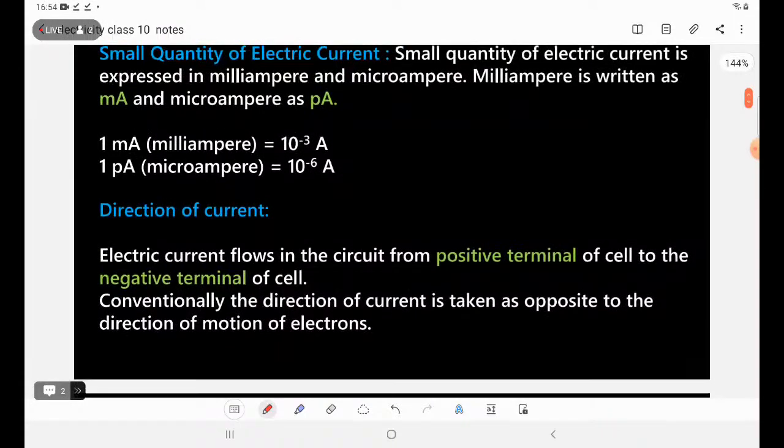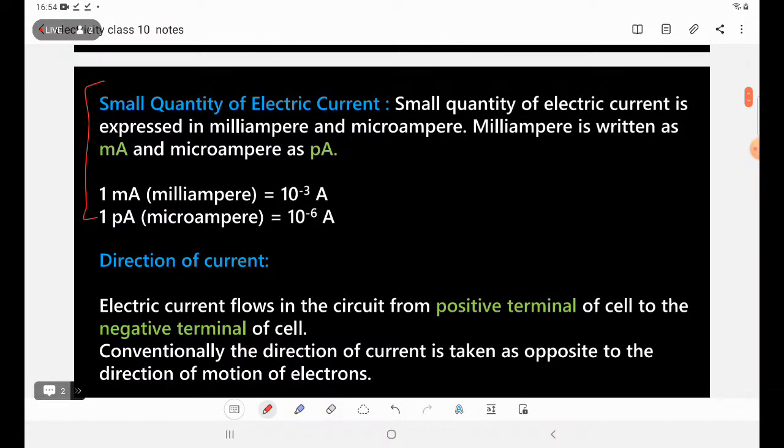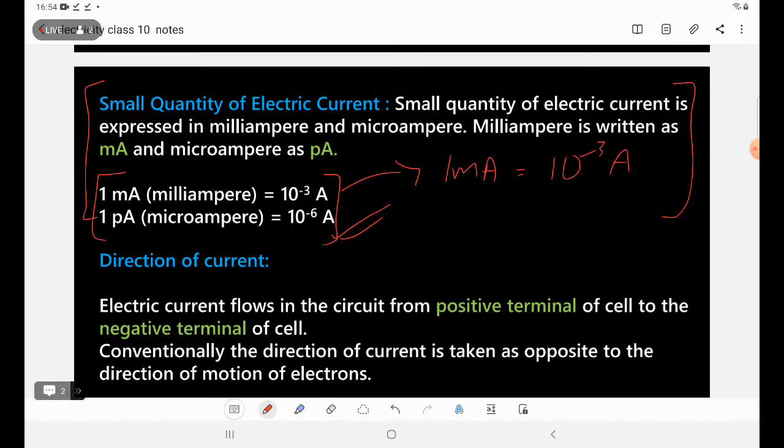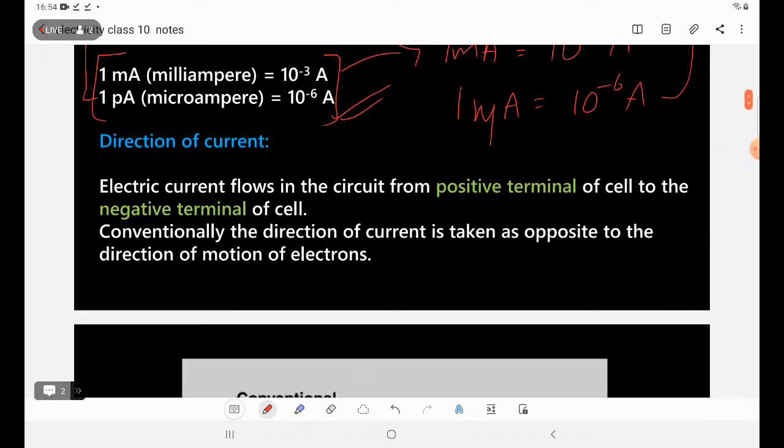Now this is extra information that will not be asked in your examination, but just remember these 2 points. 1 milliampere is equal to 10 to the power of minus 3 amperes, and 1 microampere is equal to 10 to the power of minus 6 ampere.